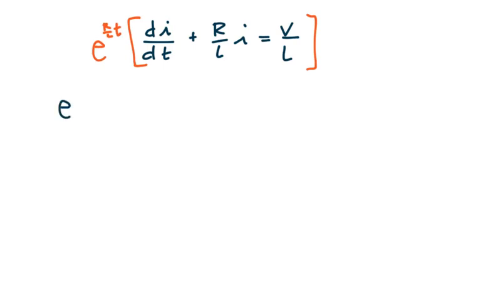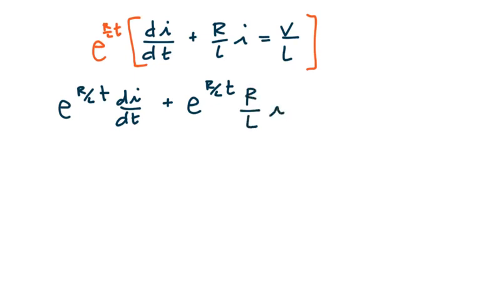So I have e to the R over L t di dt plus e to the R over L t times R over L I equals e to the R over L t times V over L.